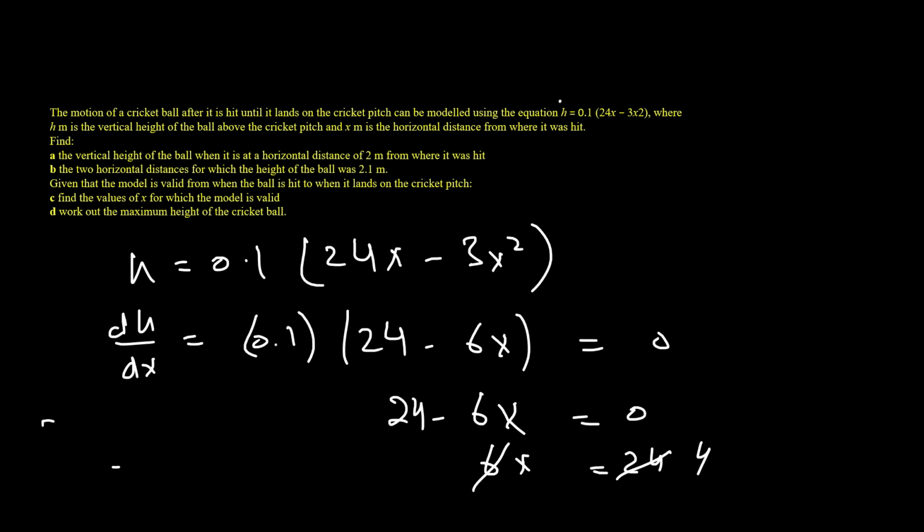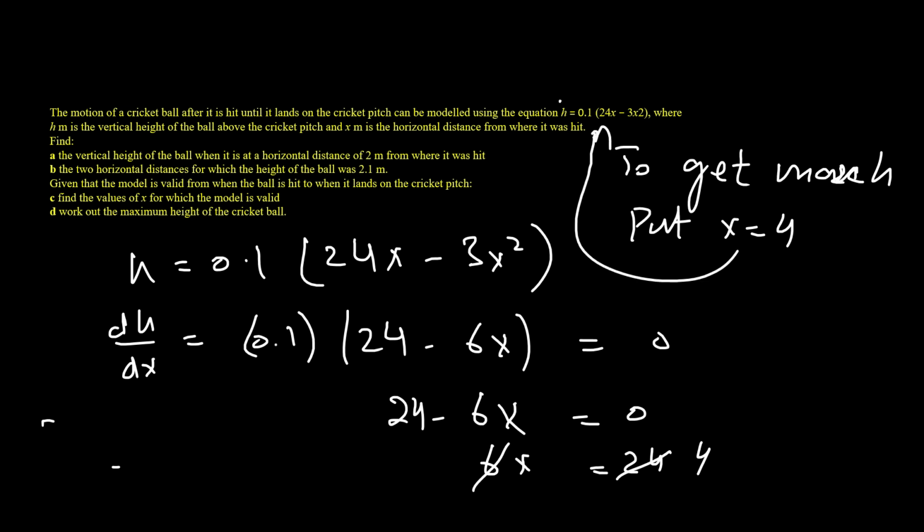So we put x equal to 4 in this equation. So h is equal to 0.1 times 24 times 4 minus 3 times 4 squared.